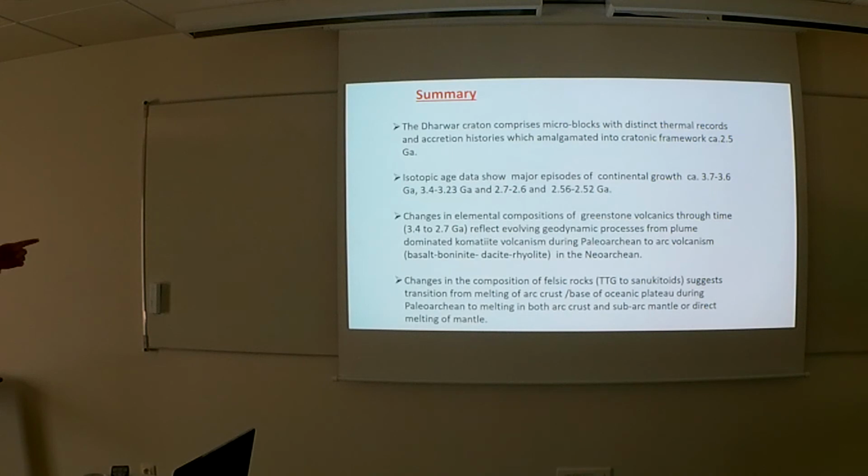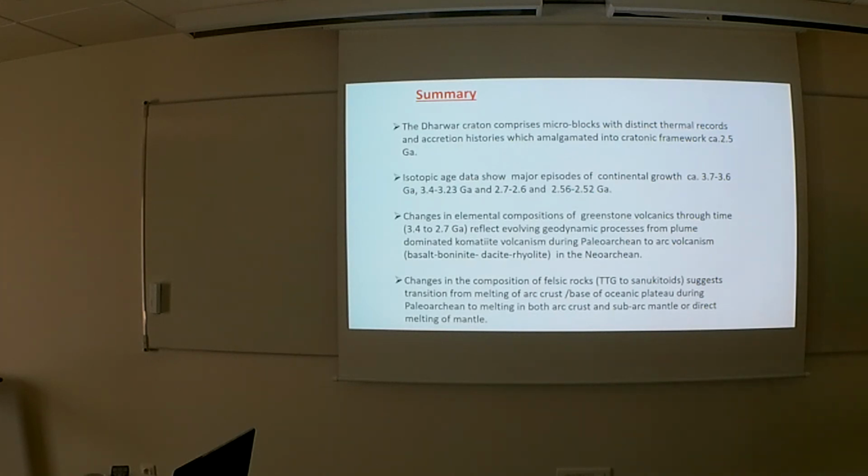I did not show many of these slides, but there is a progressive, secular change in the composition of the greenstone volcanics, and in the TTGs, from the oldest to the youngest: classical TTGs to transitional TTGs to sanukitoids. In the greenstones, it goes from komatiites to komatiitic basalts to basalts to boninites.